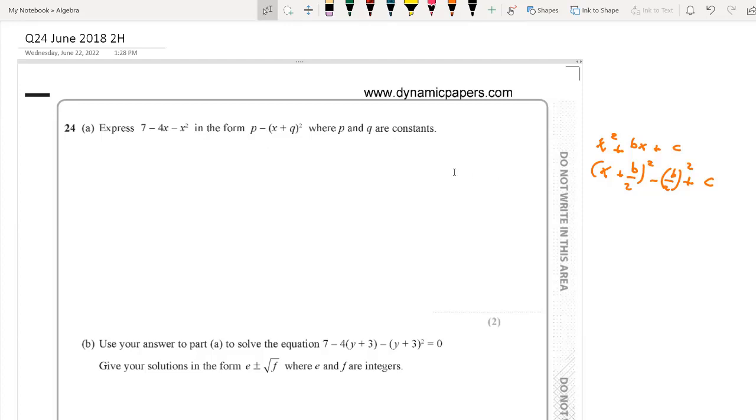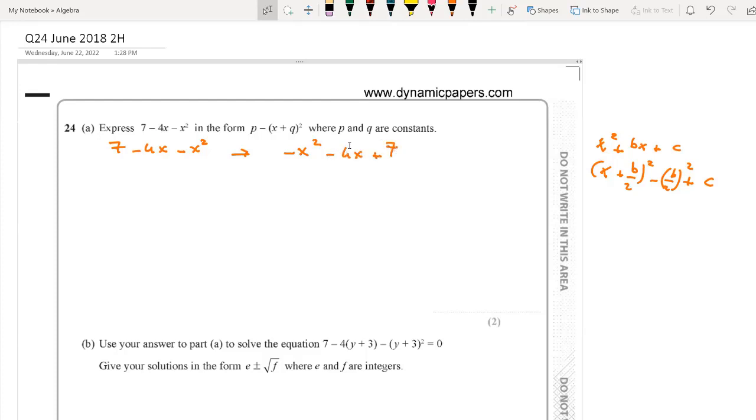squared in the form of x squared plus bx plus c, we need to take a common factor of minus 1. So we have here 7 minus 4x minus x squared. We can write it in an easier way, which is minus x squared minus 4x plus 7.